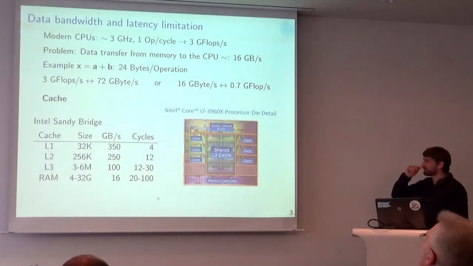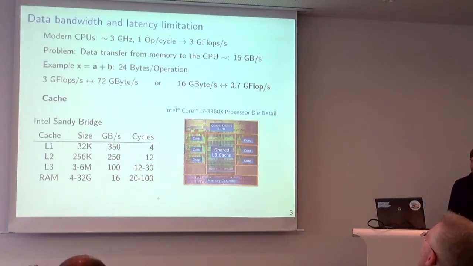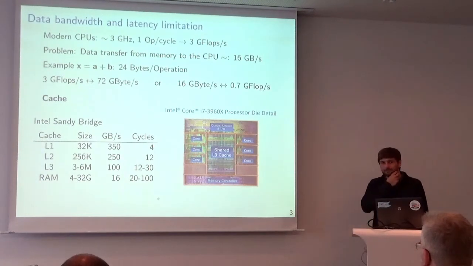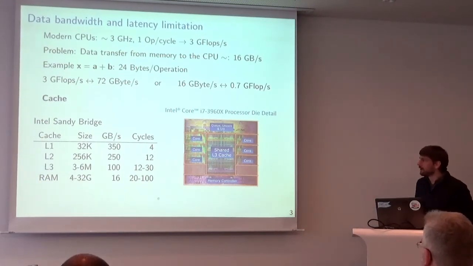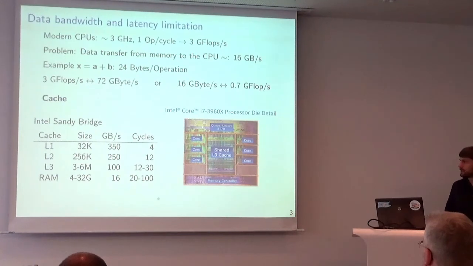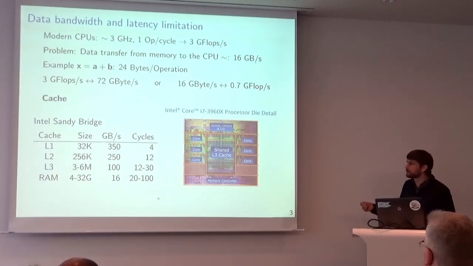Now, obviously, CPU designers figured it out already, so they gave us caches, which are much faster than the main memory. So you have in modern CPUs level 1, level 2, level 3 cache. They have increasing size, decreasing bandwidth, and increasing latency. Okay, it's the usual trade-off.